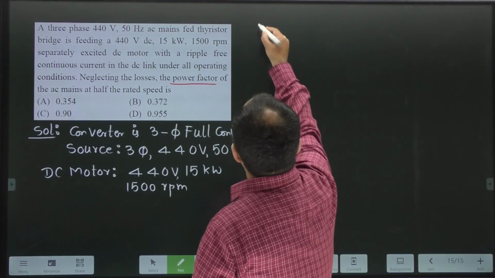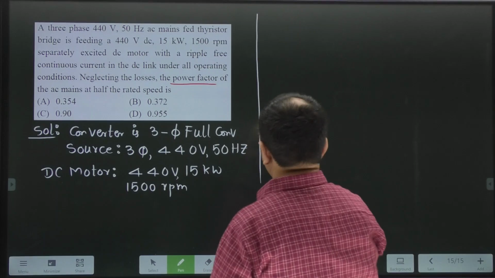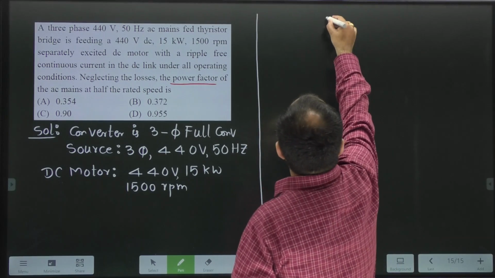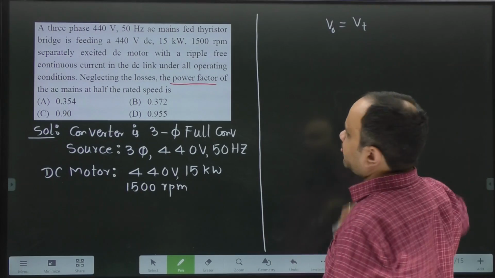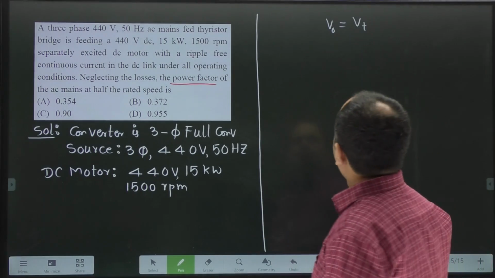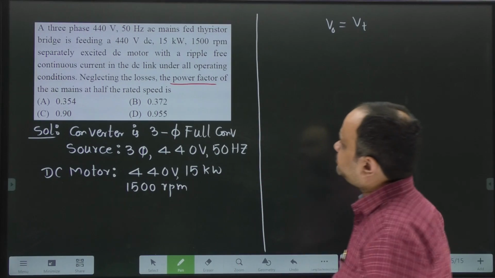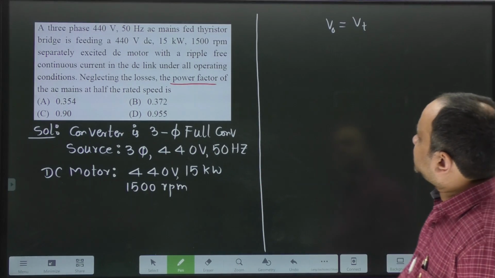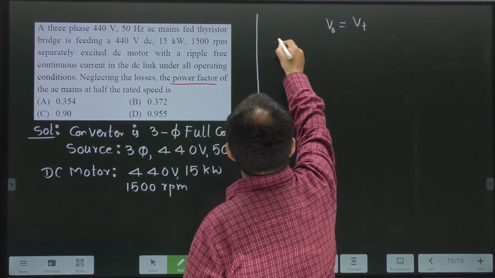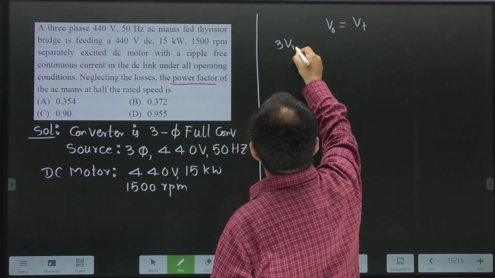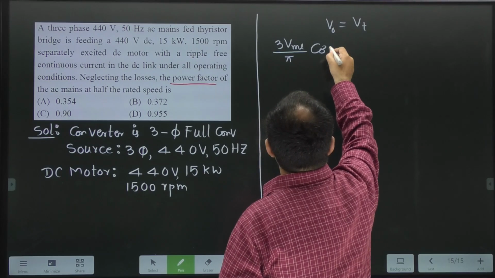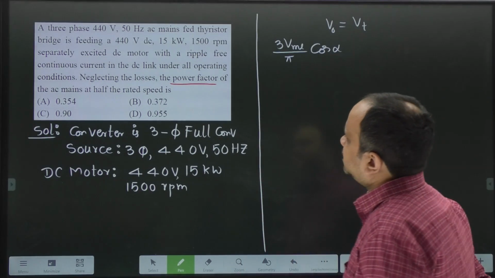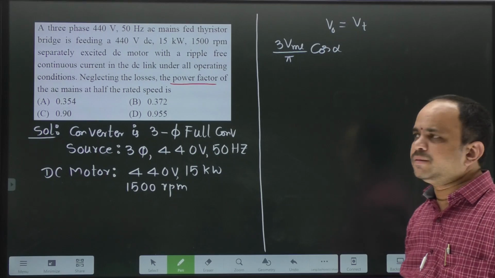So first let us do a few basic calculations. I can start with this formula, V naught is equal to Vt. What is V naught here? That is 3 VML by pi cos alpha, because the converter is a 3-phase full converter.